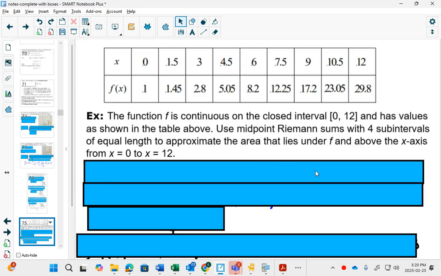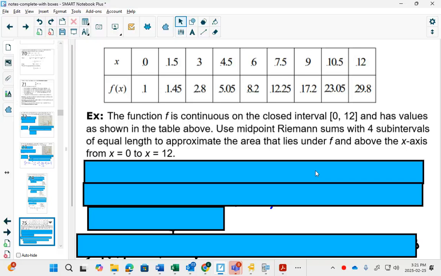We've got a table here. The AP exam loves using tables because they can check if you understand what the idea is based on the fact that you're given nothing to work with other than a bunch of numbers. So they tell us that the function f is continuous on the closed interval from 0 to 12 and has the following values.